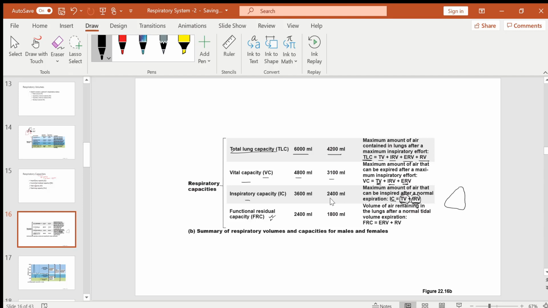Now, in certain clinical conditions, the lung may lose the ability to expand enough. In that case, the volumes and capacities will be less, right? So the word compliance we use to indicate the ability of the lung, the elasticity of the lung.